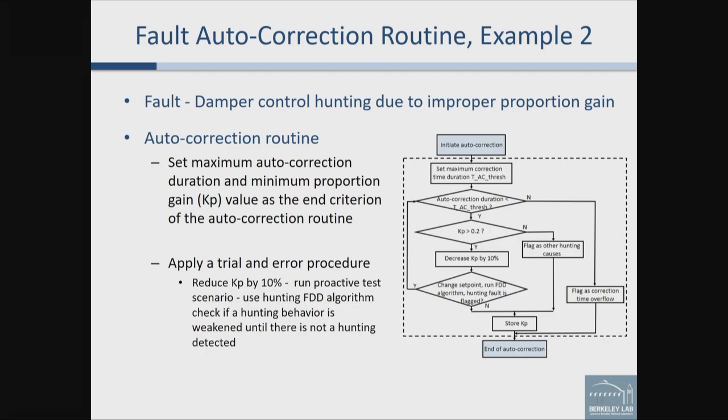For example, we set the damper position to 18%, and then observe with the existing FDD algorithm to see if the hunting behavior disappears. If not, we keep adjusting the KP value little by little until we see that the hunting behavior is not there.